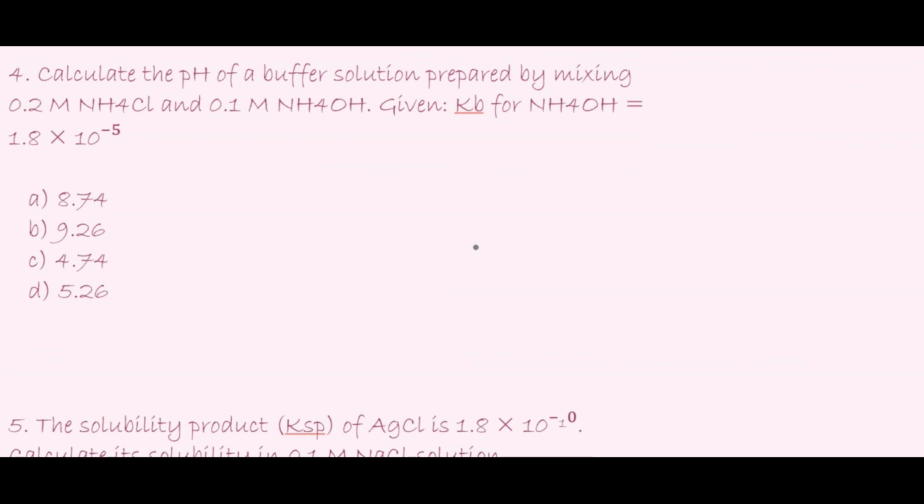Then the fourth problem is: calculate the pH of the buffer solution prepared by mixing 0.2 molar ammonium chloride and 0.1 molar ammonium hydroxide. Given Kb for ammonium hydroxide is 1.8 into 10 to the power minus 5. So this simple equation you can apply, that is pOH which is equal to minus log base 10 OH minus concentration, isn't it?